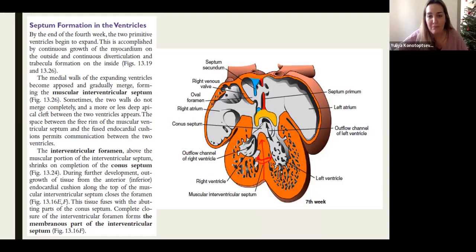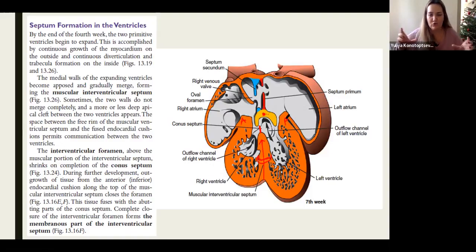Now, the membranous part of the interventricular septum will come from here. Could you tell me what this is? So somewhere here we had the anterior endocardial cushion. Somewhere here we have the posterior endocardial cushion.